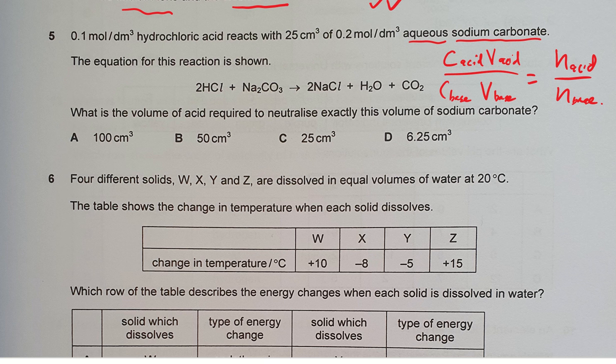All you need to do is sub in the values. For the volume, you can just leave it as 25. You don't have to convert it to dm cube, because this equation will take care of it. Over here I have the concentration of the acid, which is 0.1 mole, multiplied by the volume of acid, which is what I want to find, over the concentration of sodium carbonate times the volume of sodium carbonate.